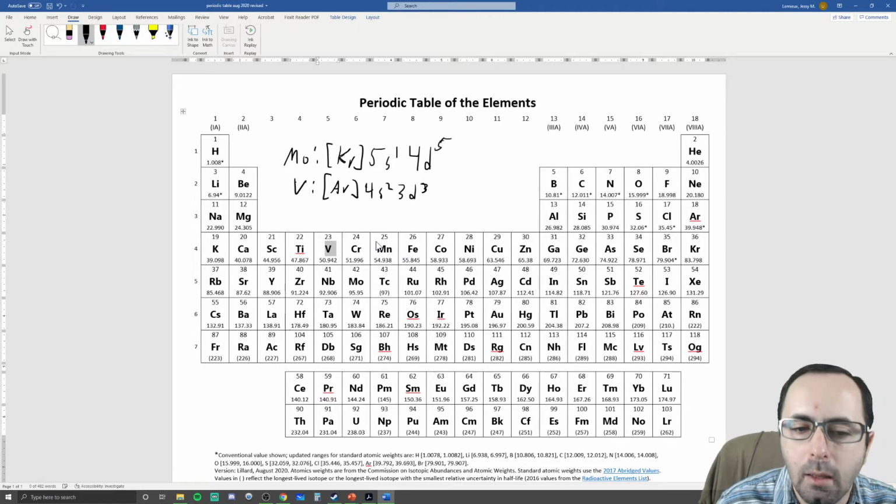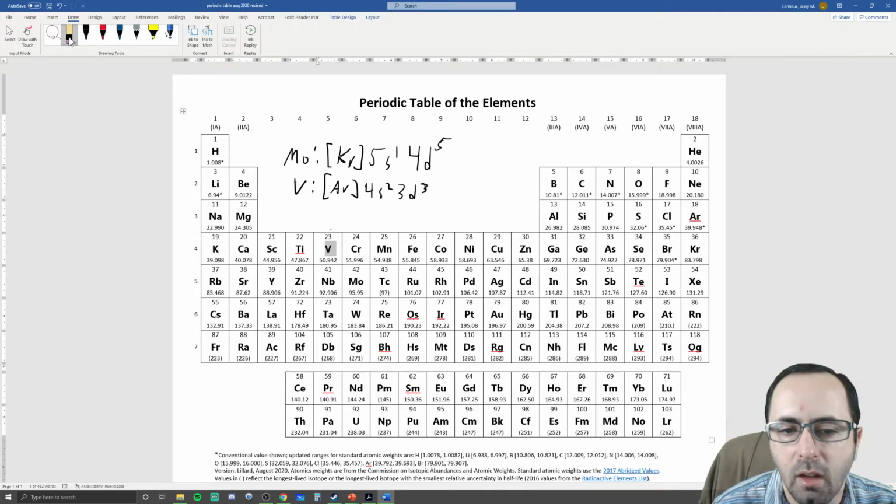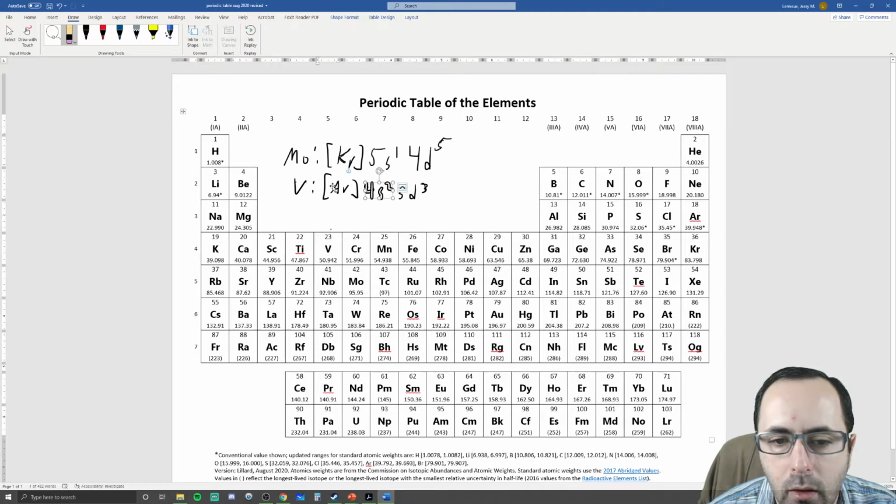Now if we want vanadium 3+, not liking me too much writing there, so I'm just going to copy this over. I wonder if I can copy it to the slides. That would be cool.